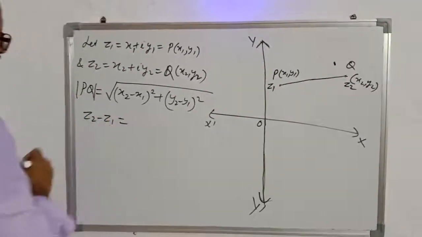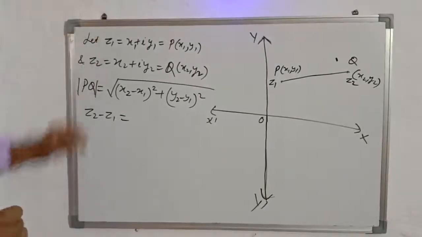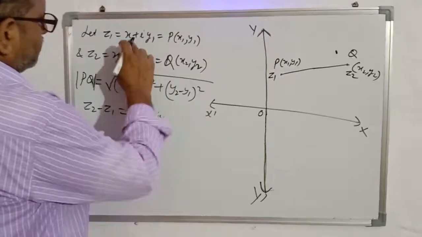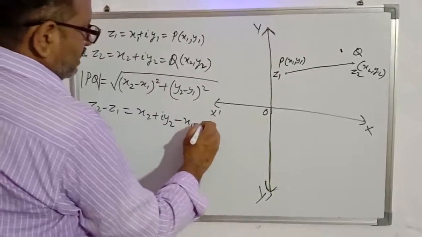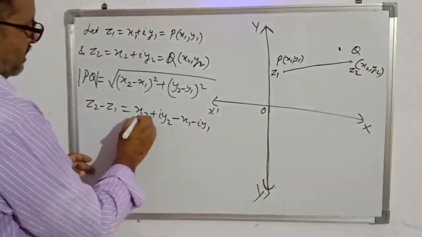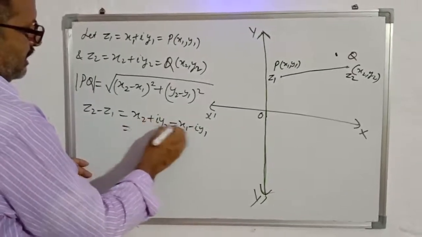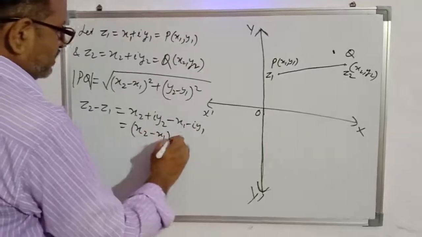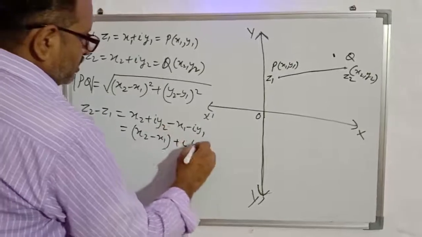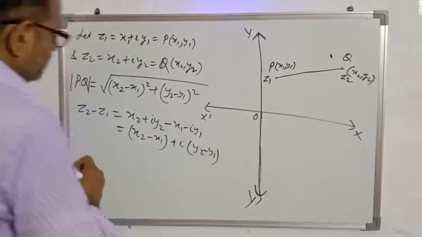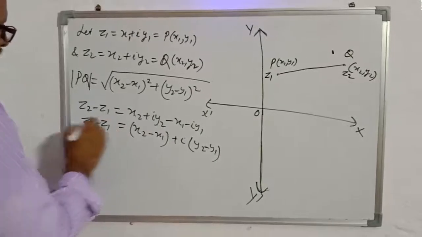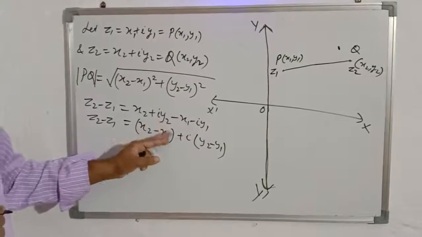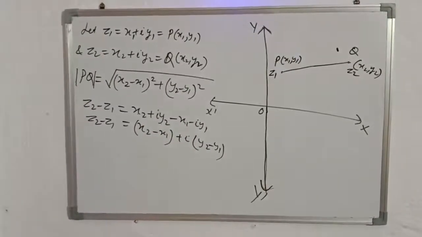What will be Z2 minus Z1? We write x2 plus iy2 minus x1 minus iy1. Write together the real part and imaginary part. So (x2 minus x1) plus i common, (y2 minus y1). x2 minus x1 is the real part, taking i common, y2 minus y1 is the imaginary part.